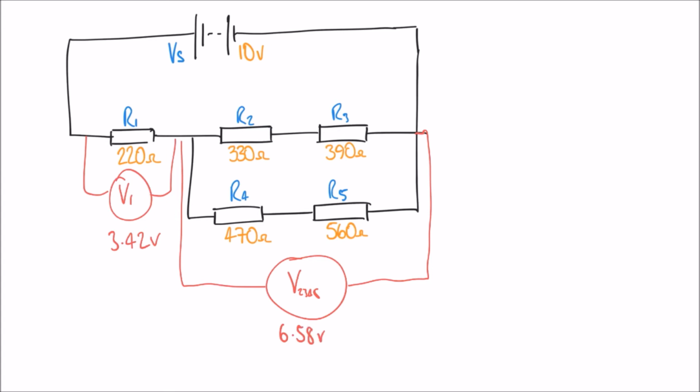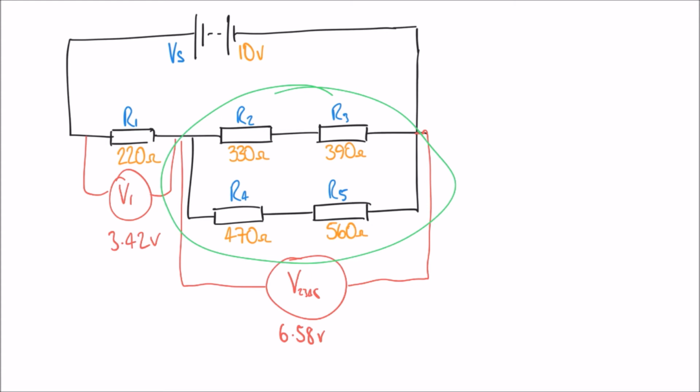Now what we're going to try and do is focus on this right hand section here, because we can actually break these voltages down further, and I'm hoping to break that 6.58 volts down into four even smaller voltages by using the potential divider rule again.